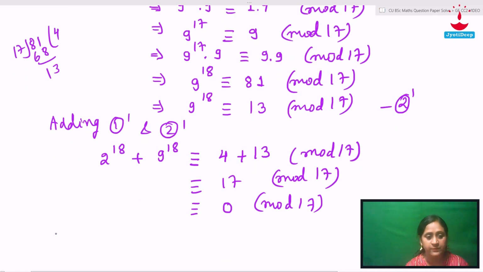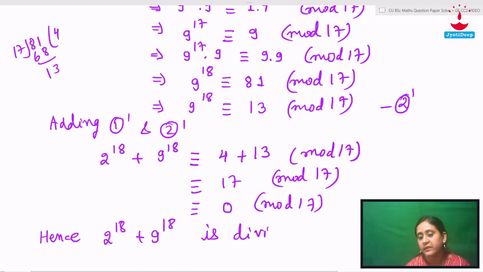Okay, hence 2 to the power 18 plus 9 to the power 18 is divisible by 17 as the remainder is 0. Proved.